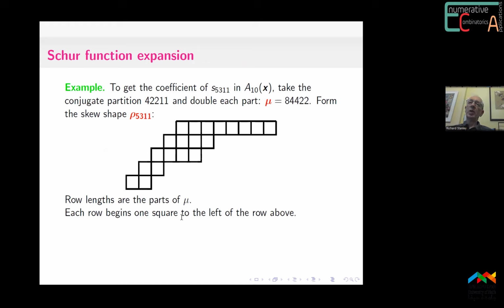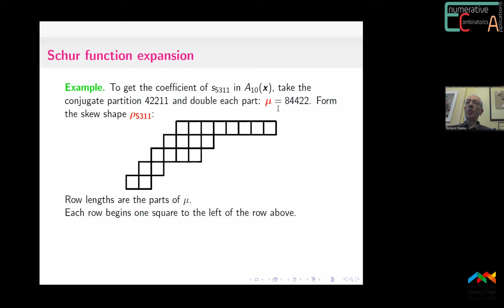So here is, again, an example which makes the general case clear. Suppose you want the coefficient of S5311 in the Schur function expansion of A10. So take the conjugate partition to 5311. This is 42211. Double each part.